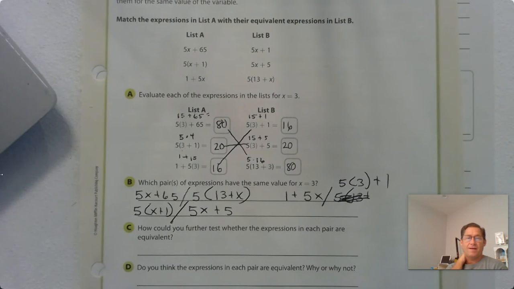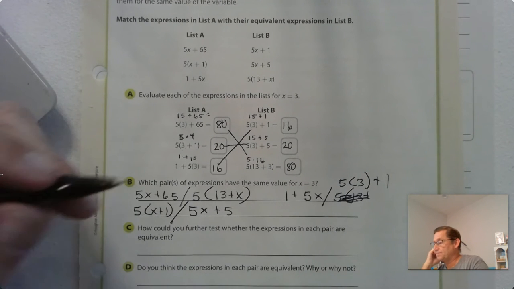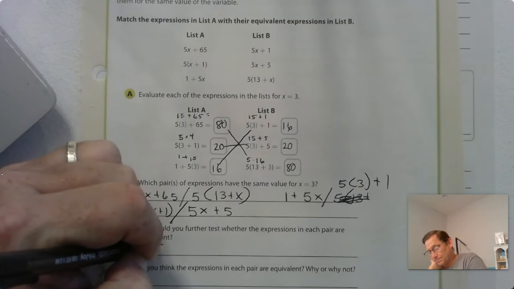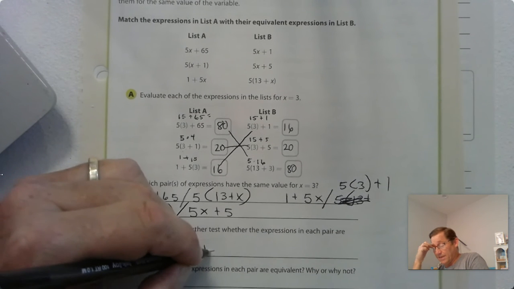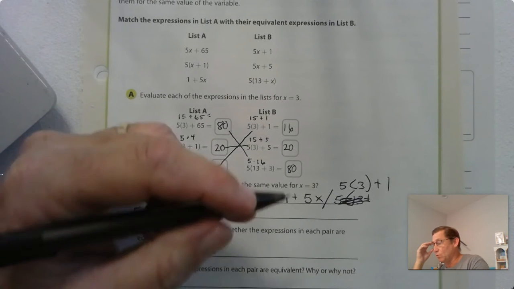pairs. How could we further test whether expressions in each pair are equivalent? Well, we could just try a different value for x, because sometimes only certain values will work.